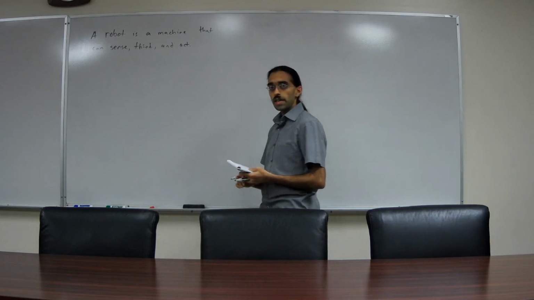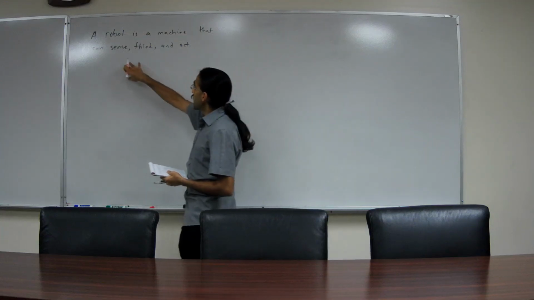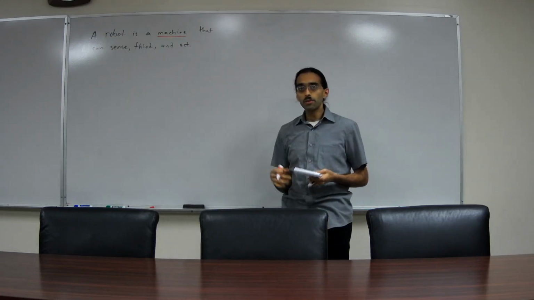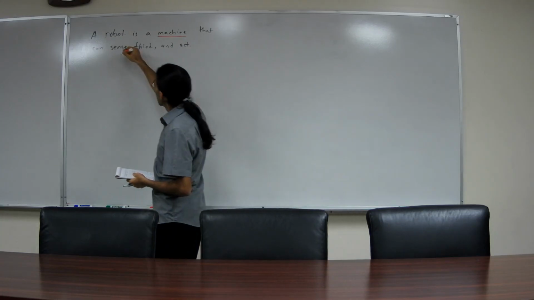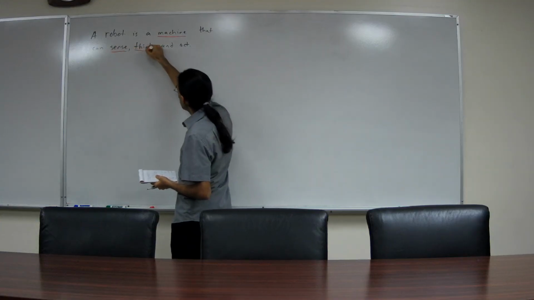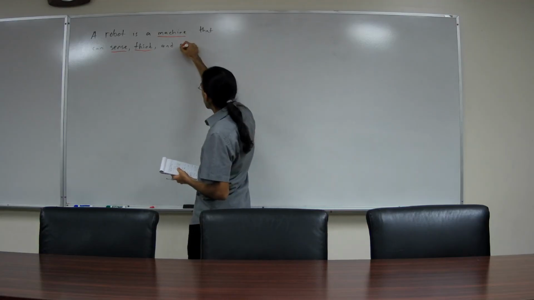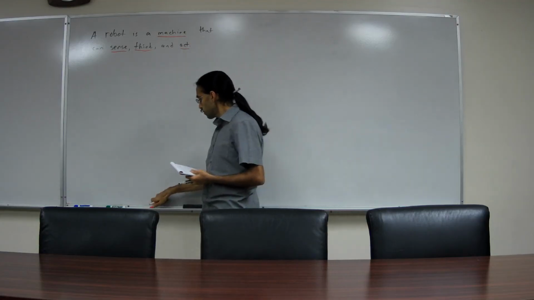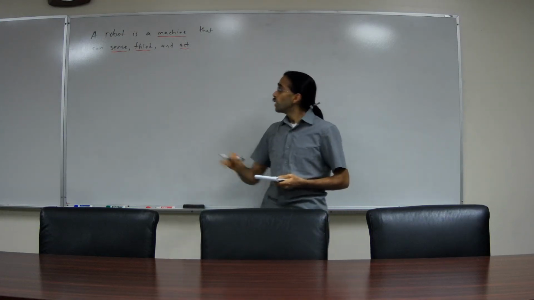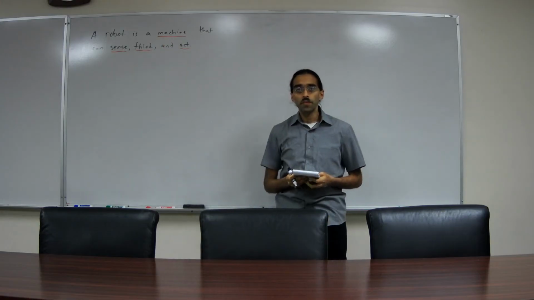In particular, the keywords that we're going to look at are the fact that the robot is a machine that has three characteristic functions: sensing, computation, and actuation. So, that first keyword, machine.